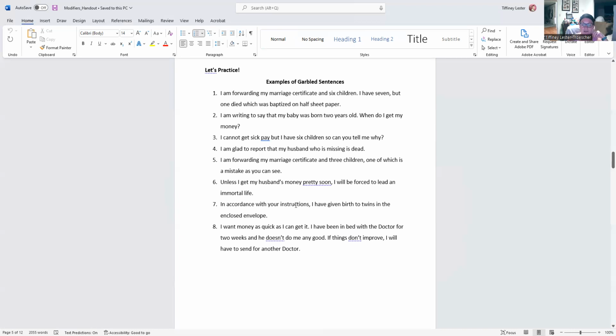Here's a good one. In accordance with your instructions, I have given birth to twins in the enclosed envelope. I don't think they birthed the twins in the envelope, but that is what the sentence tells us.